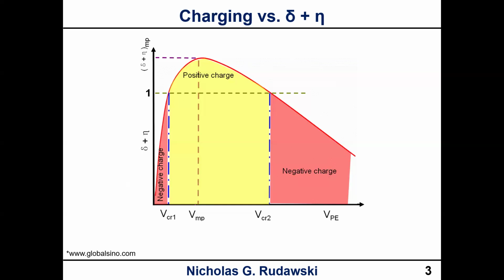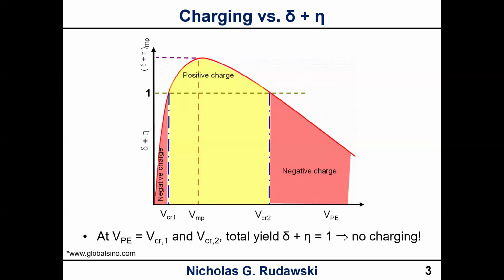The yield reaches a maximum, and then it starts to come back down again, and then there's another voltage where we hit a yield of 1 again. So there are really 2 voltages here where we can avoid charging. And if we keep going beyond that, we start to get an accumulation of negative charge.